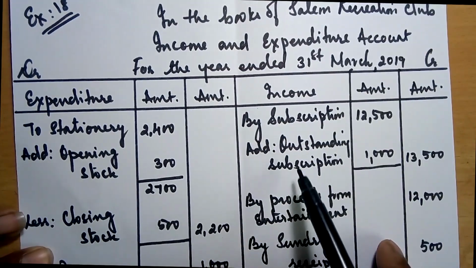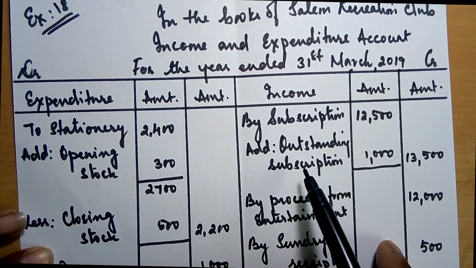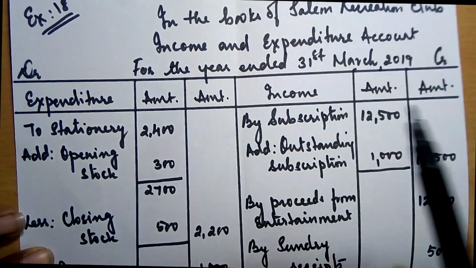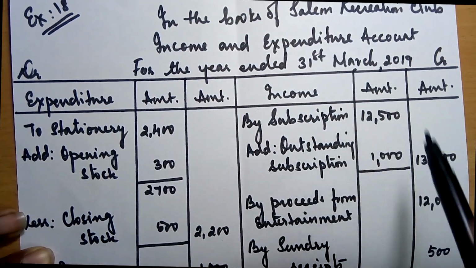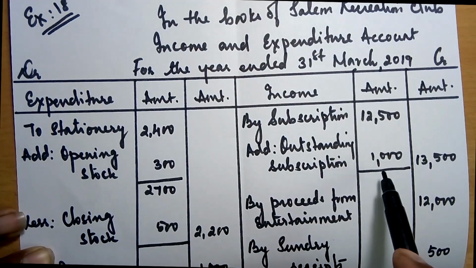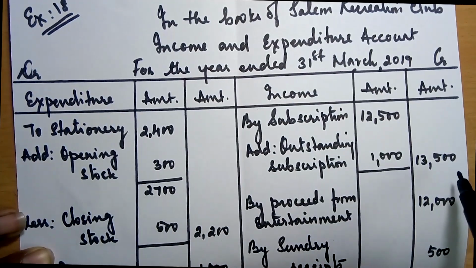Then add outstanding subscription. Now from where did we get the subscription outstanding? In the additional information they have given us 450 members, each paying 30. So 450 into 30 it is 13,500. From 13,500 you minus 12,500 you get outstanding 1,000. So you add this and you take it out 13,500.